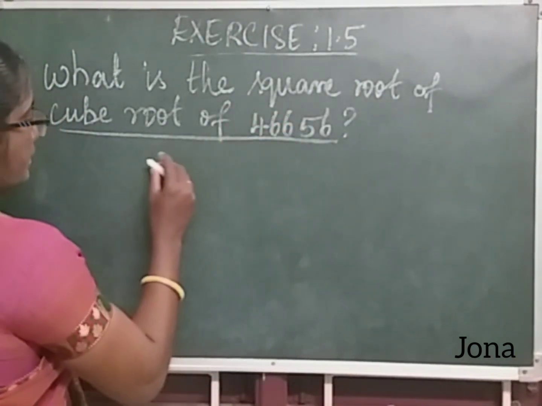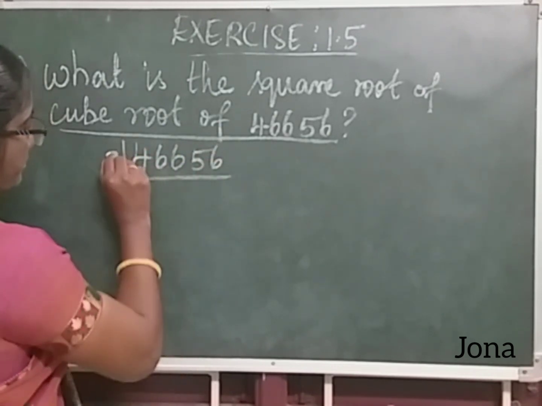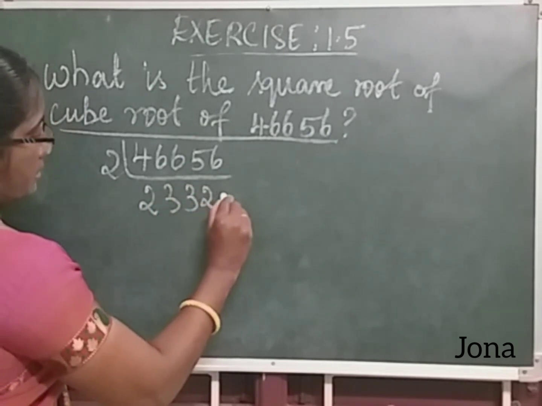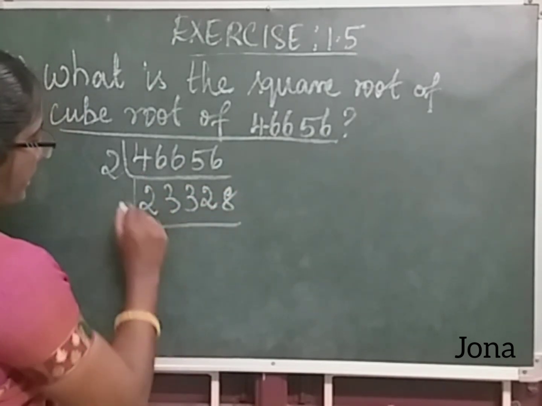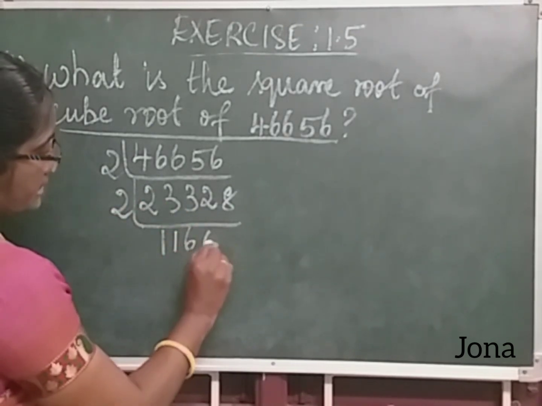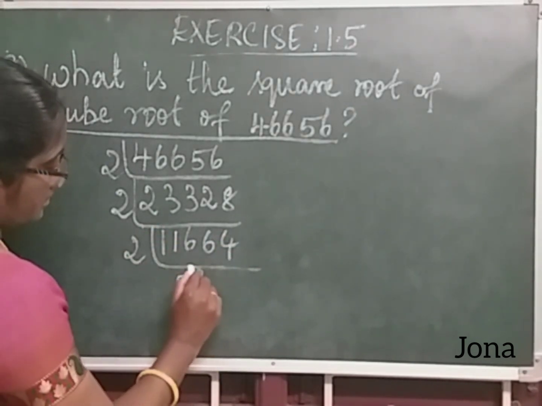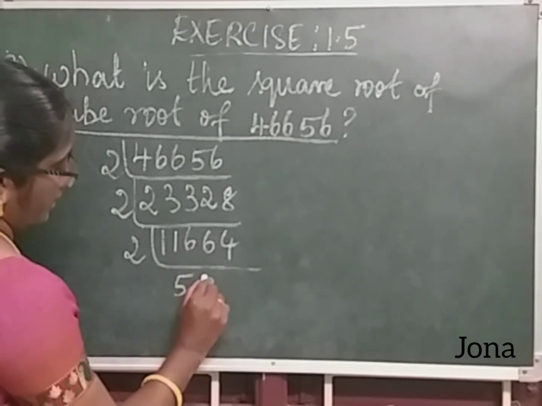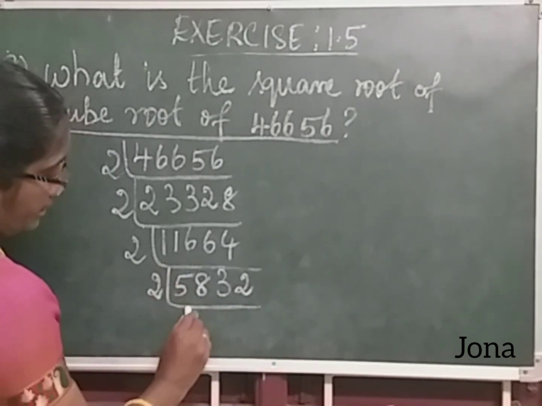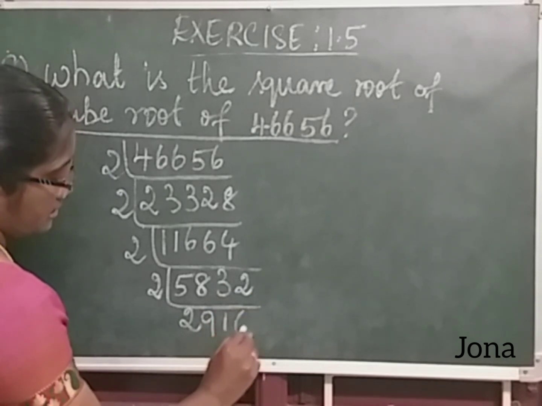So as usual, we have to divide this number by the 2 table. Here 2 times 3, 8 times. Again by 2, 1. Here 1 time, 6 times, 6 times. Here it is 4 times. And then again 2, 5 times, 8 times, 3, 2. Again by 2 table, 2 times, 9 times, 1, 6.